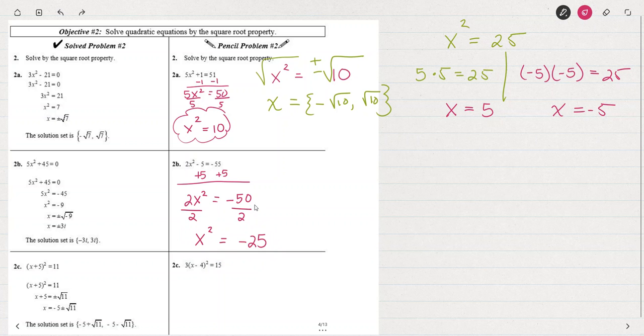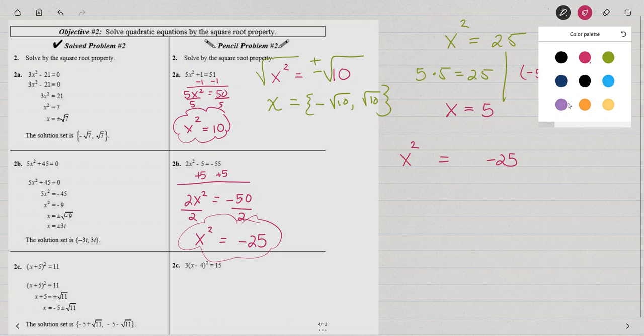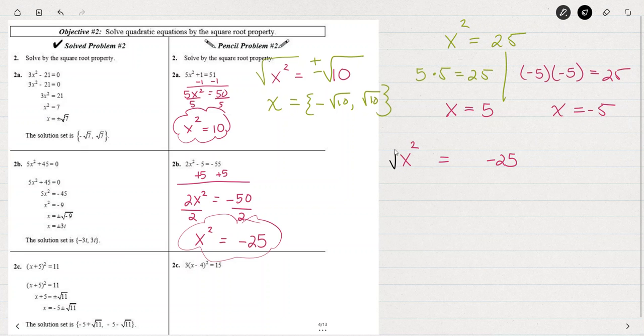So now that the x squared term is isolated, what I'm going to do is the square root of both sides. So I've got the x squared on one side and the negative 25 on the other. When I do the square root of both sides, I'm going to remember that this is the positive or negative square root. Square root of x squared is x.